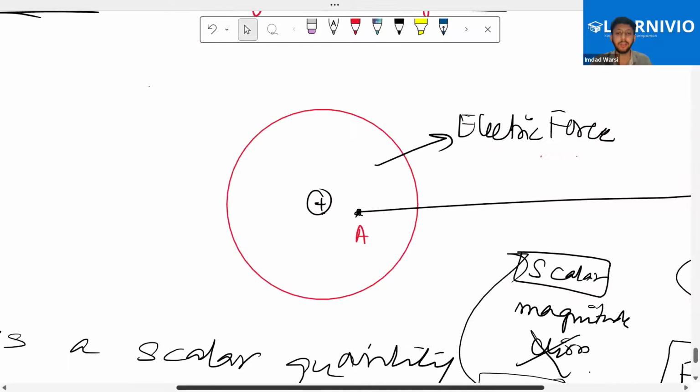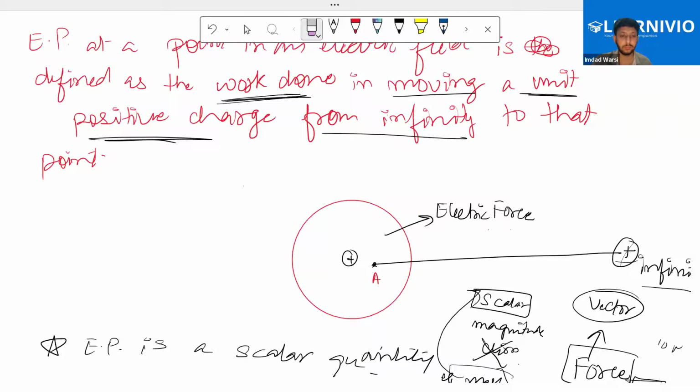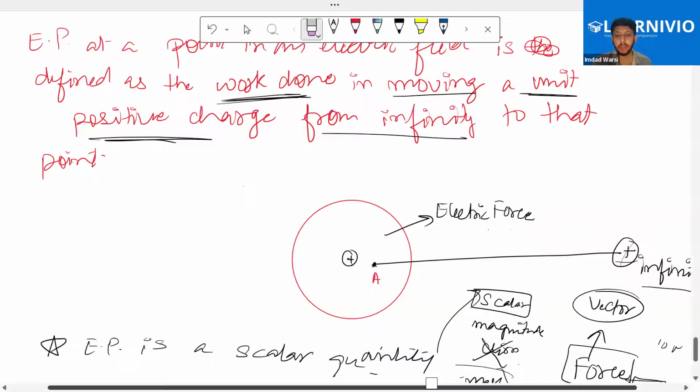So we were talking about electric potential. What have you written? Electric potential is a scalar quantity.